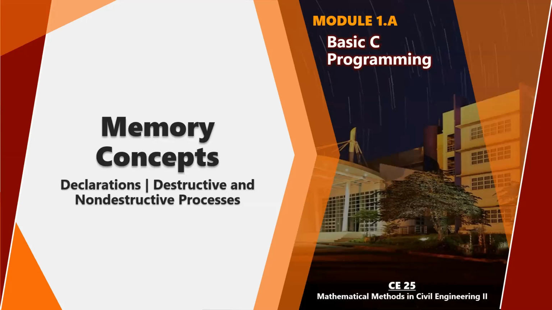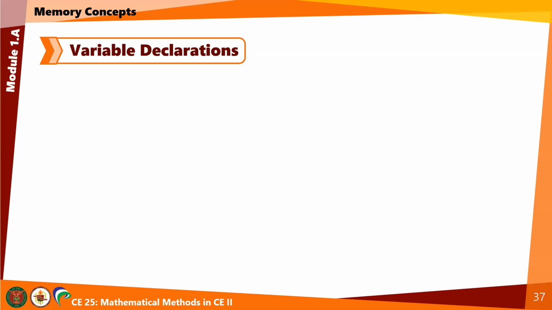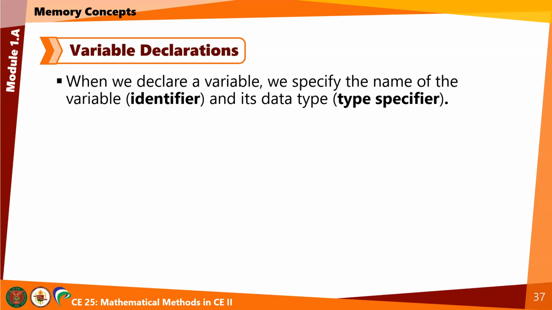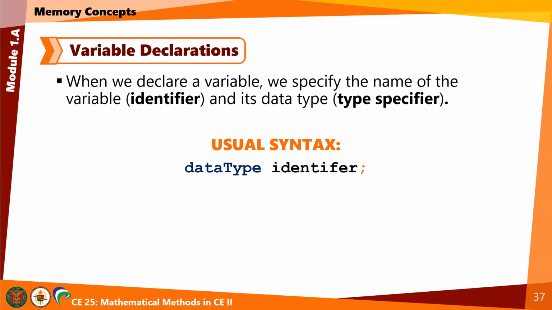Memory concepts. Ayan. Destructive, non-destructive processes. Actually, I discussed this when we're looking into the code, but sige, let's repeat it for you to reinforce the idea. Variable declaration. Ayan, so this is the usual syntax of variable declaration. We have the data type, and then you have the identifier.